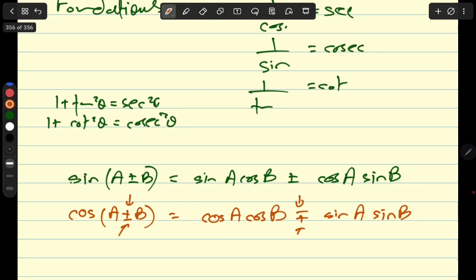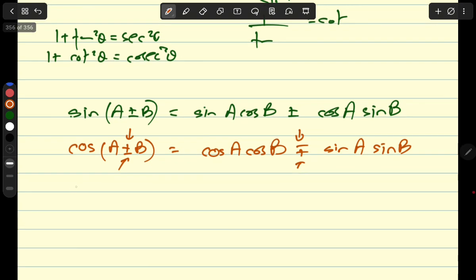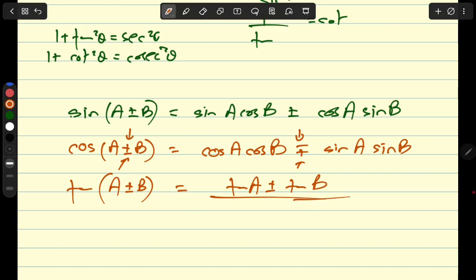And for tangent, tan(A plus or minus b) is equivalent to tan A plus or minus tan b in the numerator, and in the denominator the same sign rule as cosine follows, which is opposite: 1 minus or plus tan A tan b.